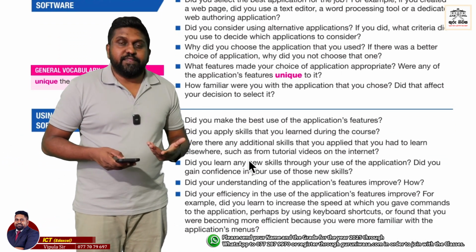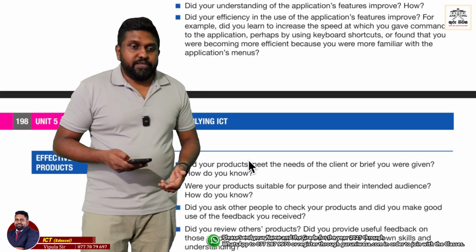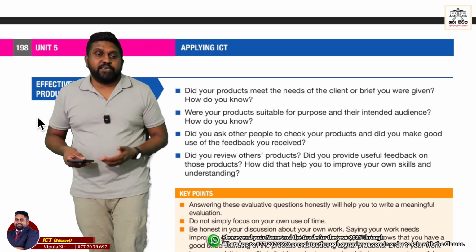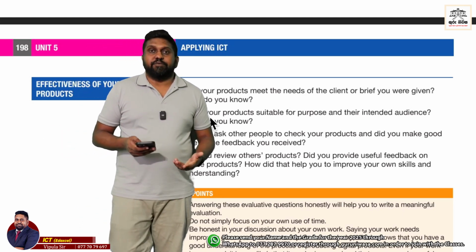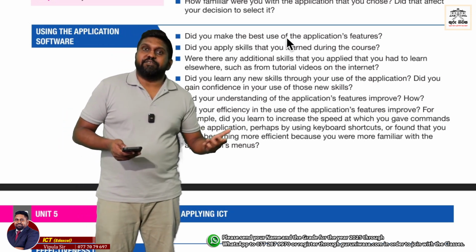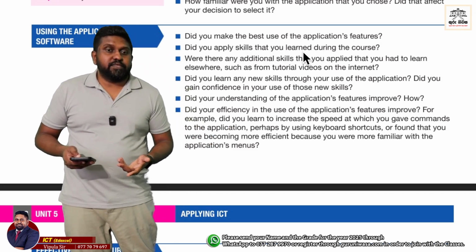And again, the same thing goes forward with the using of the application. Another set of questions goes forward with the effectiveness of your product. Here, using is quite simple. What are the features you liked? What are the skills you learned during this?